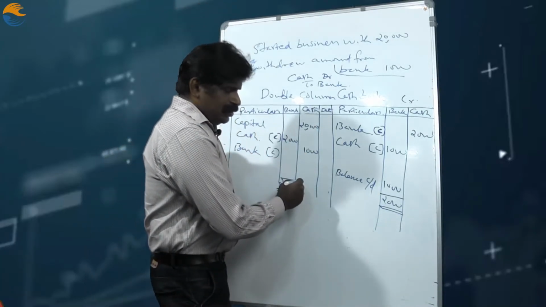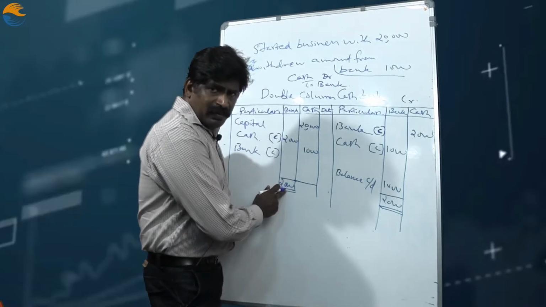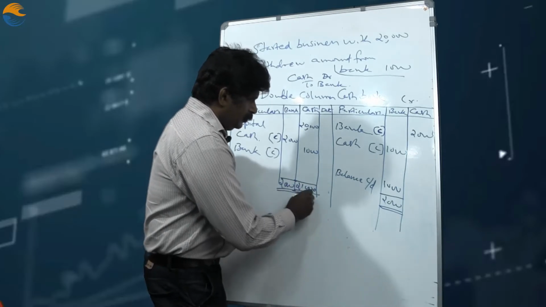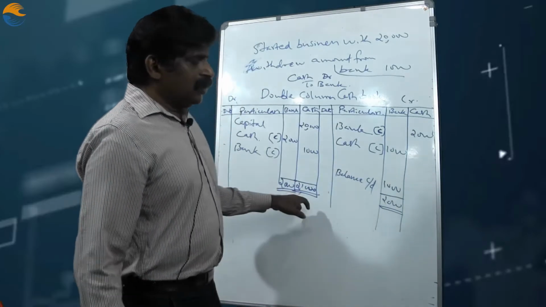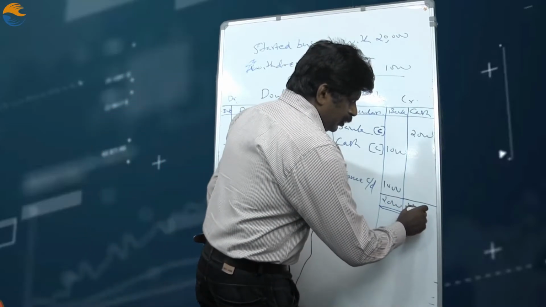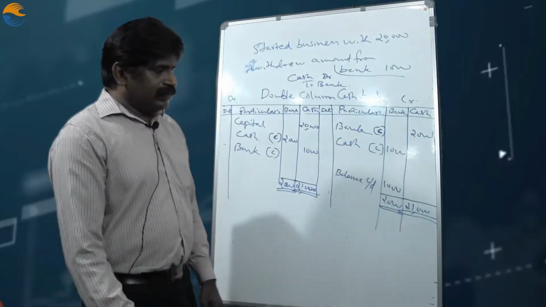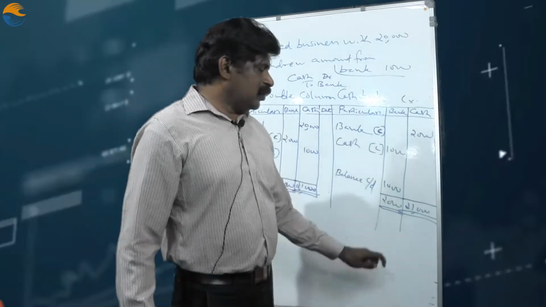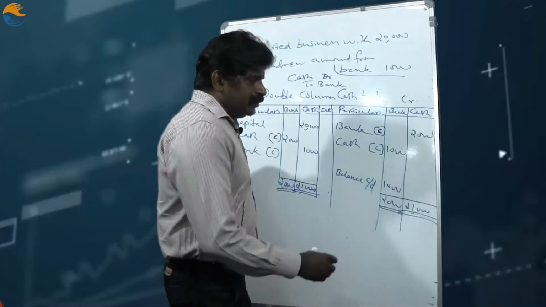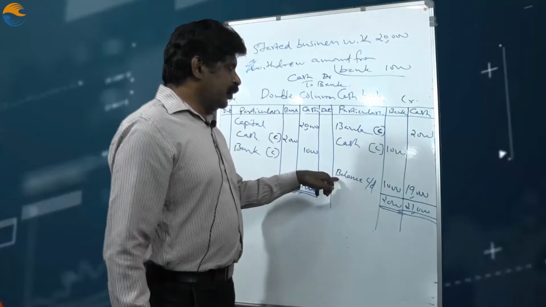The same total, 21,000, is to be shown on the credit side also, corresponding to the total here. Then find the difference. Total is 21,000, 2,000 appears on the credit side, so the balance is 19,000, which should be shown like this, as balance carried down.